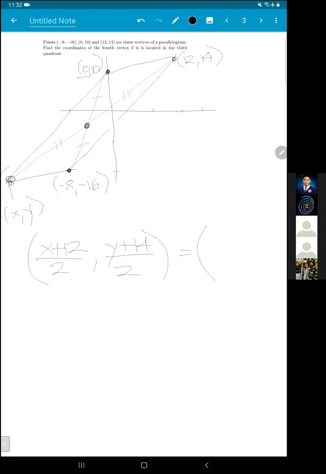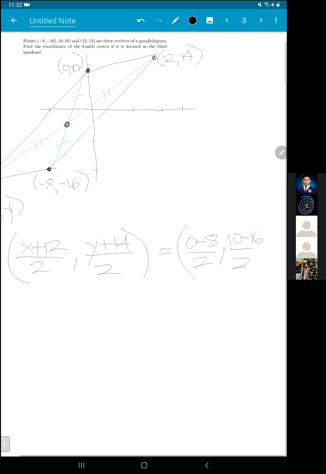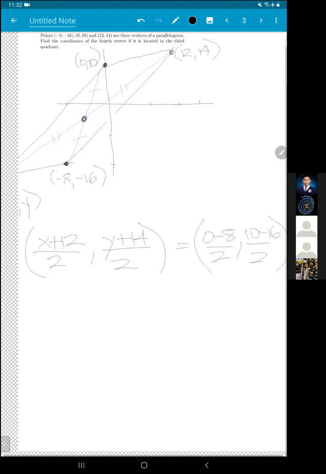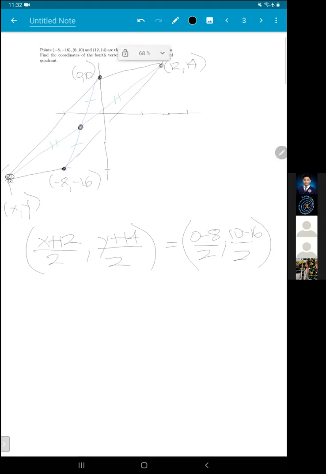So 0 plus negative 8 over 2, and then 10 plus negative 16 over 2. And this one is negative 4, negative 3.